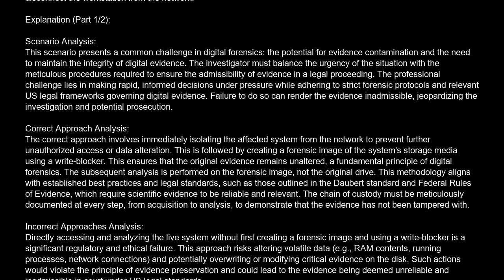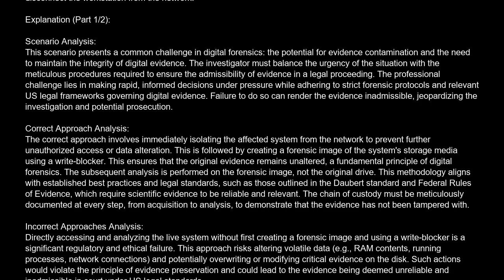This methodology aligns with established best practices and legal standards, such as those outlined in the Daubert Standard and Federal Rules of Evidence, which require scientific evidence to be reliable and relevant. The chain of custody must be meticulously documented at every step, from acquisition to analysis, to demonstrate that the evidence has not been tampered with.